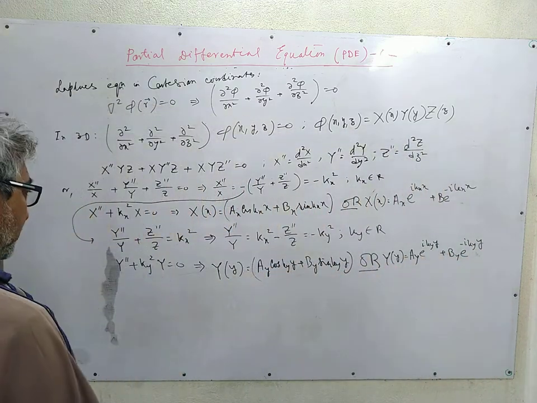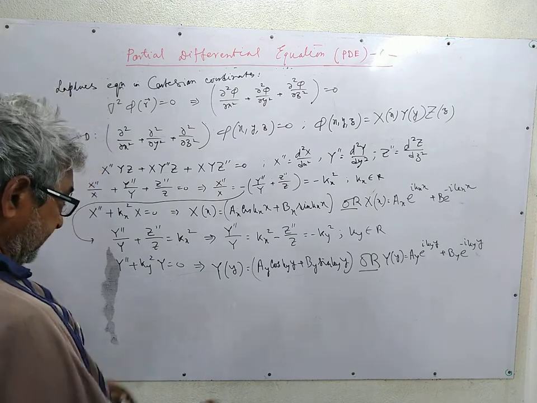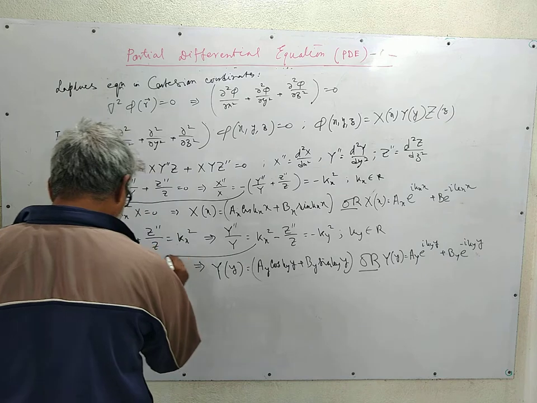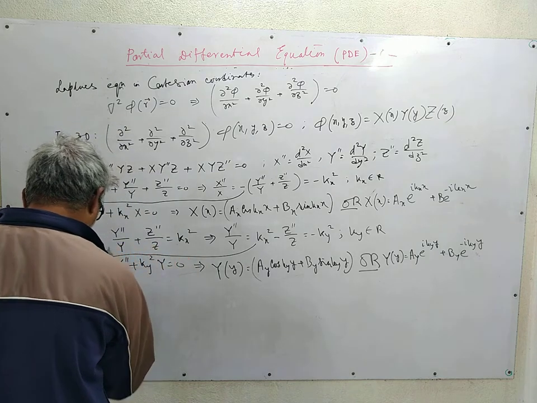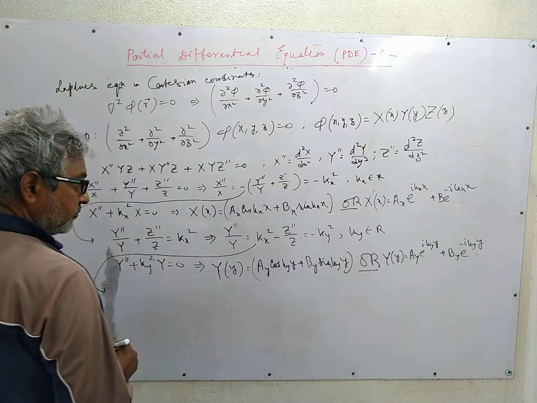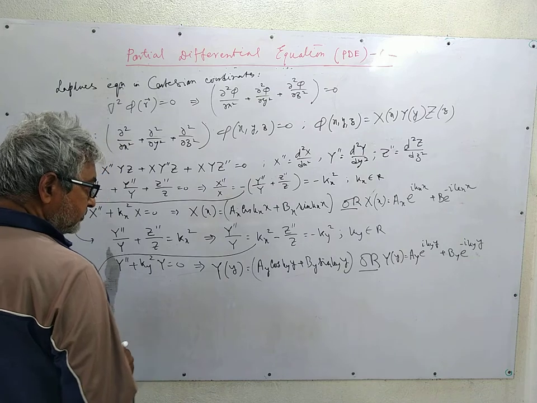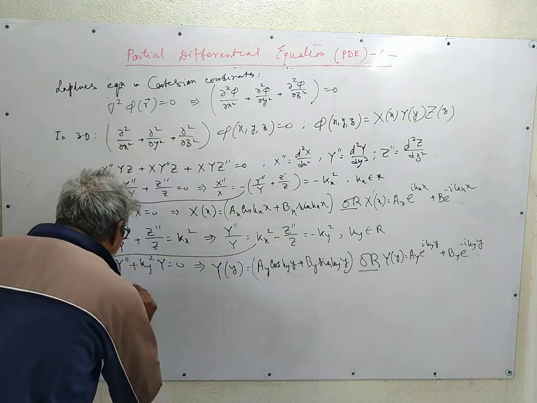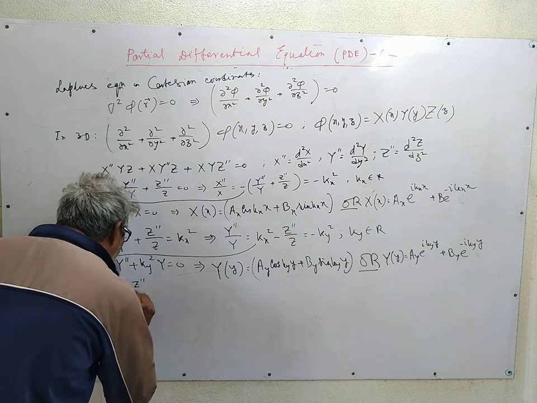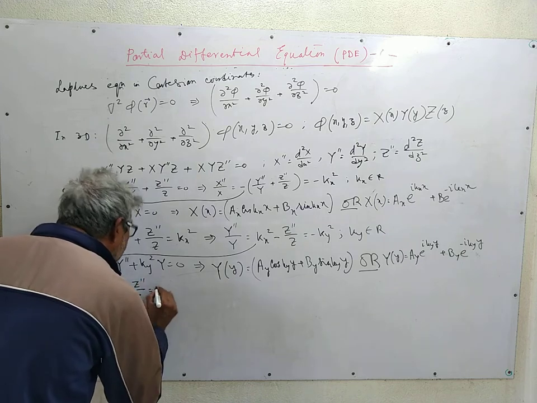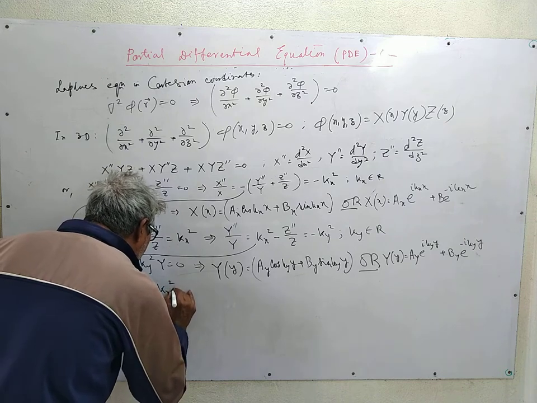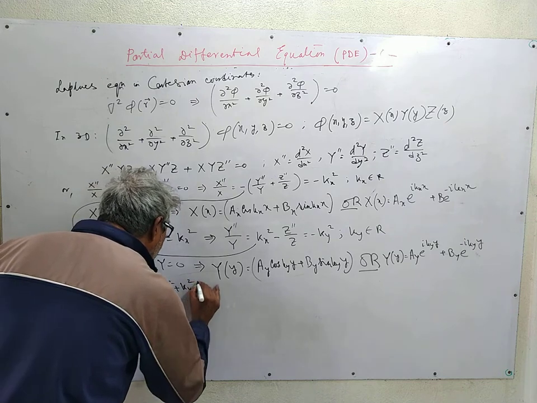Now we are left with the z equation. If we take it on the other side, then we have z double prime by z is equal to kx square plus ky square.